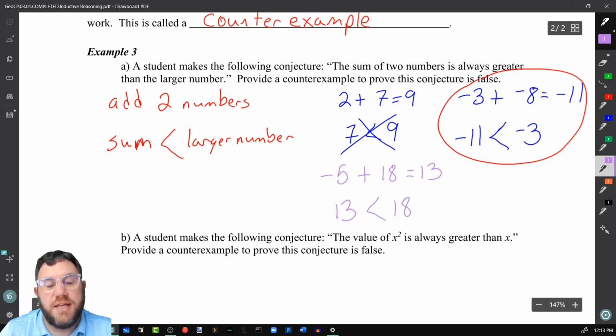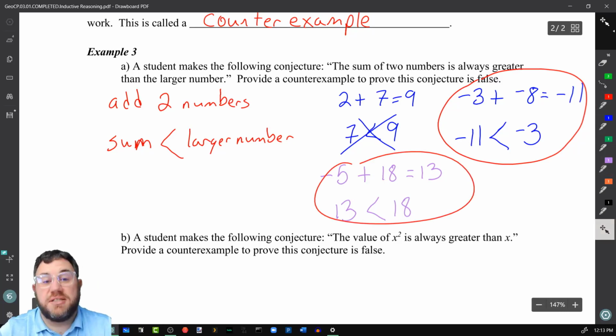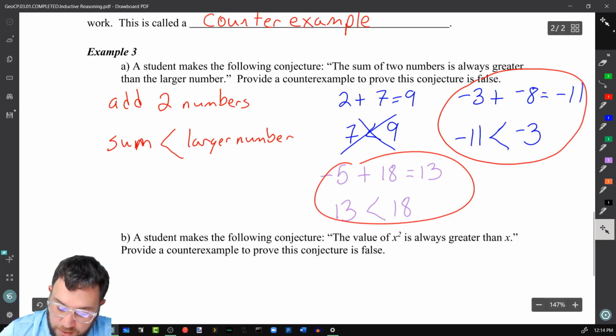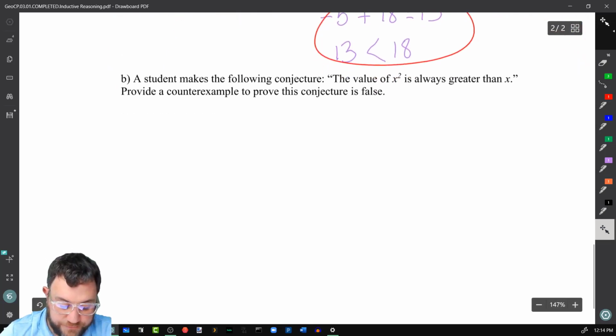Is 13 less than 18? Yes, so that would work as a counterexample. So basically, anytime you have a negative number, this is going to be proven false, because negative numbers reduce the sum. So all we need is one situation where we added two numbers together but got a sum smaller than our larger number.